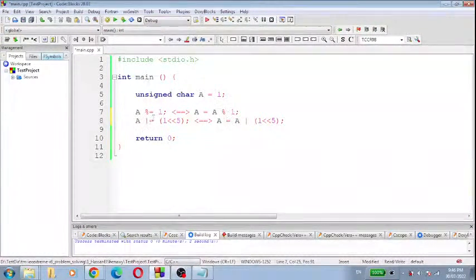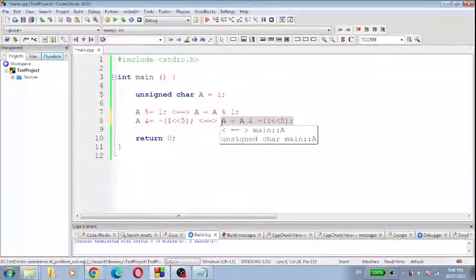Also here you could write anything. You could write something like this. So this is the same actually. Sorry, this statement is the same as this statement. So there is no difference actually.